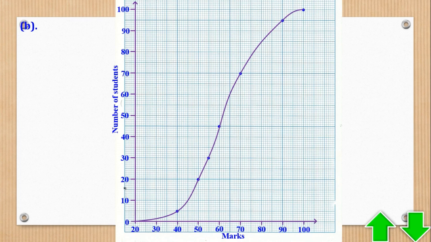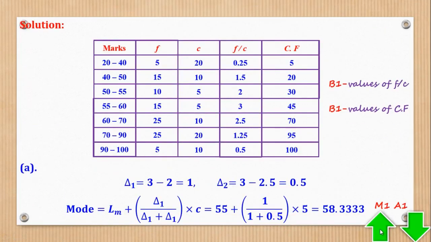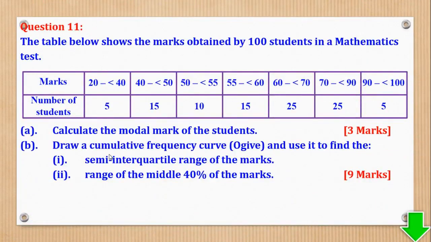So that was the part of drawing, but they also told you to use the ogive. If we go to this, part A says use the ogive to find the semi-interquartile range and also the range of the middle 40% of the marks.